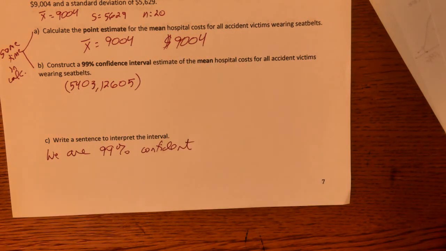Now, in the previous section, we would say that the true proportion of whatever. We're not going to say true proportion this time because this problem was not about proportions. This problem was about means, the averages.